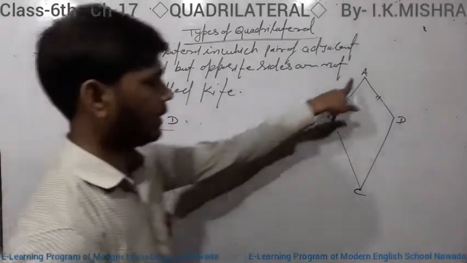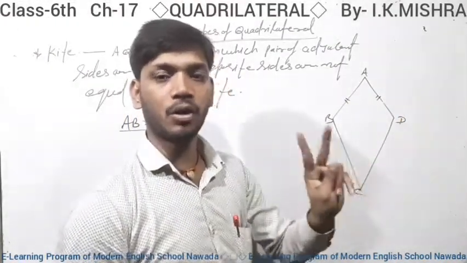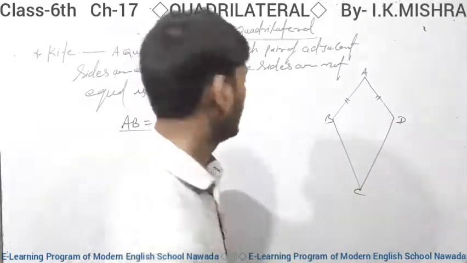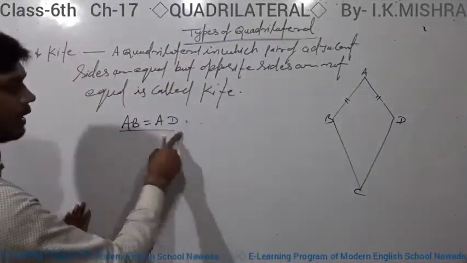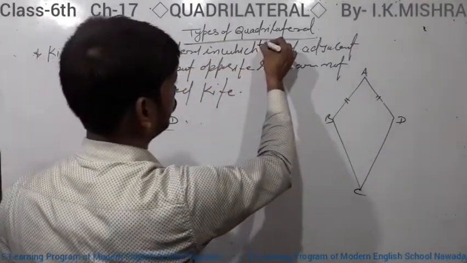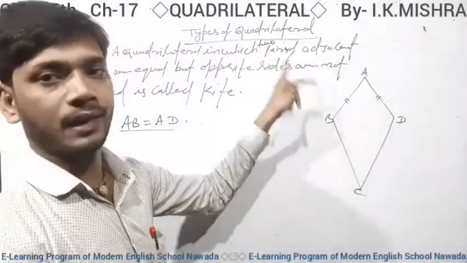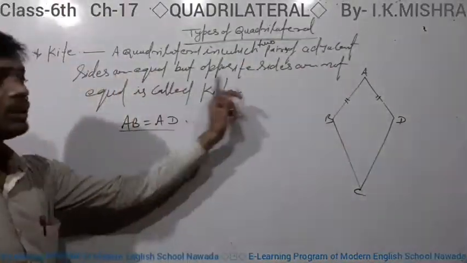Here AB and AD are adjacent sides, and here two pairs of adjacent sides are equal. A quadrilateral in which two pairs of adjacent sides are equal, but opposite sides are not equal.